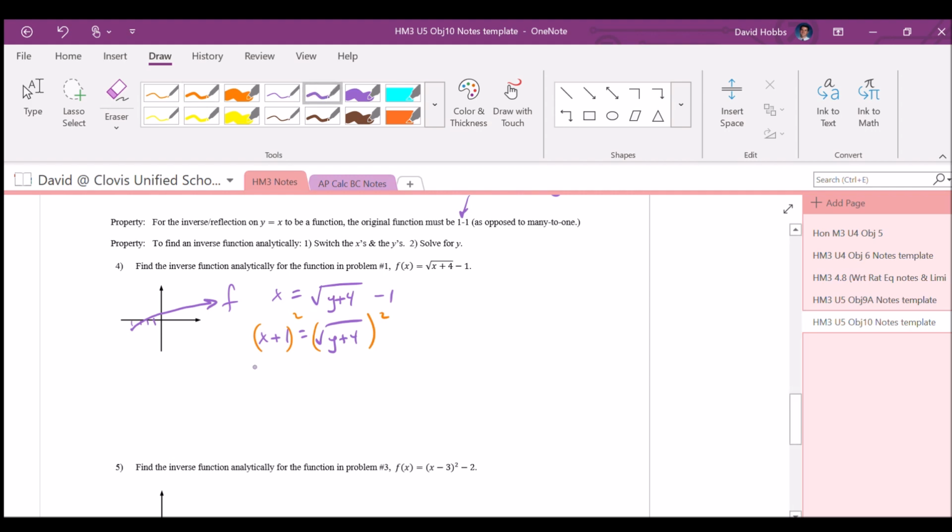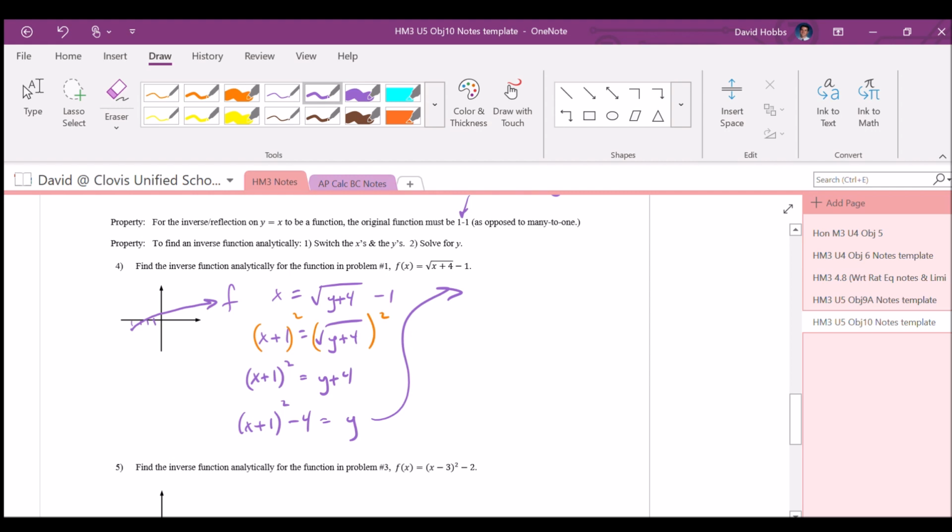And so now what's nice about this is we just want to leave it as x plus 1 quantity squared, and the right hand side is y plus 4, and then subtract 4, so x plus 1 quantity squared minus 4 equals y.